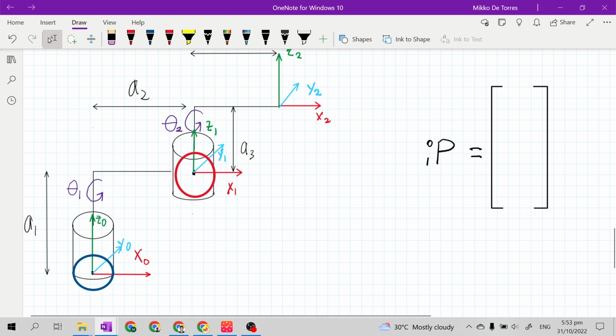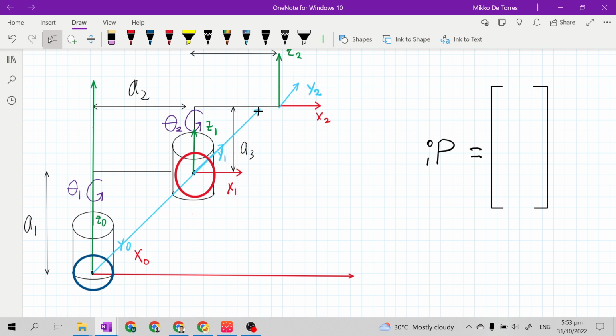Our reference frame is frame 0. The reference frame is the largest frame and the most important frame, or the most important part of our mechanical manipulator. Then the projected frame is inside the reference frame.